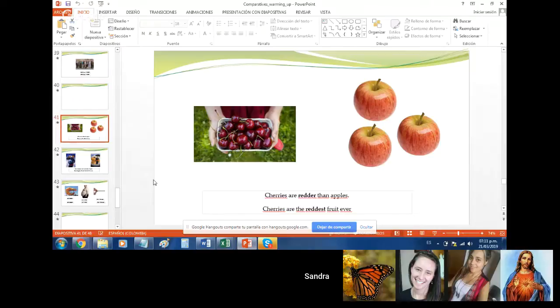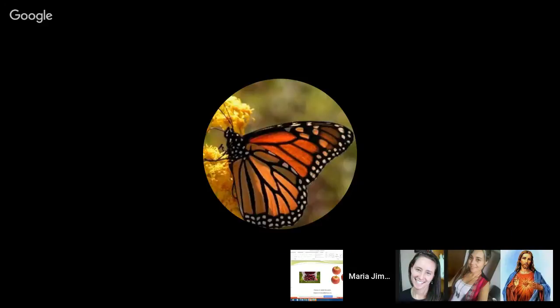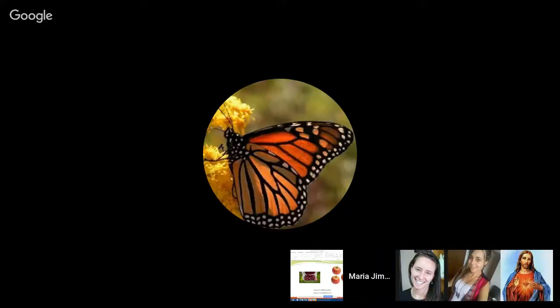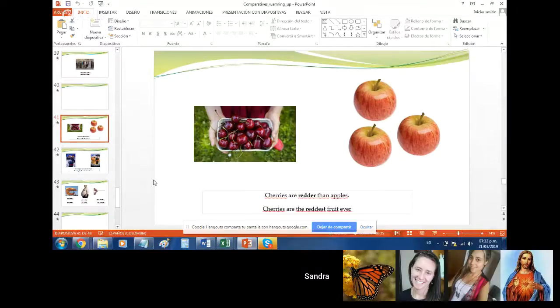However, in this case, red, the color red, is just one syllable and it has just one vowel and two consonant sounds. Red. Cherries are redder than apples. Cherries are the reddest fruit ever in terms of colors.